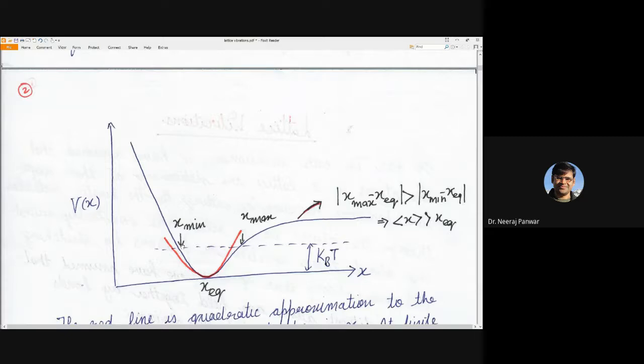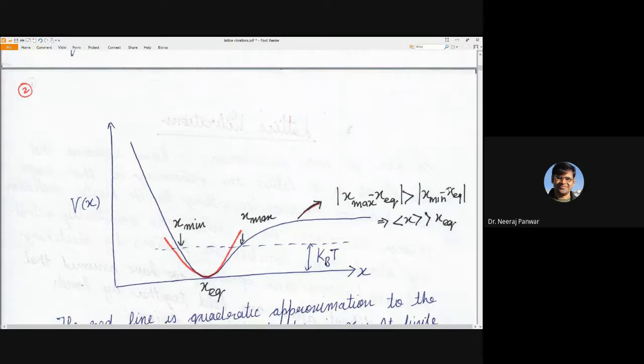Therefore we can see that x maximum minus x equilibrium is greater than x equilibrium minus x minimum. We can verify this: when we heat any solid, it expands, it does not contract.